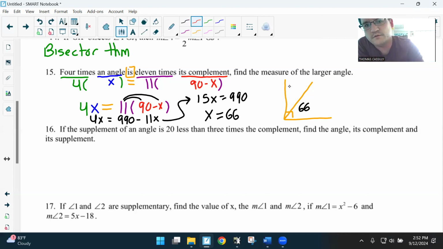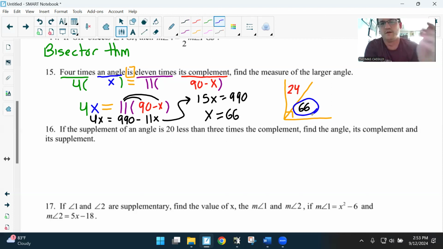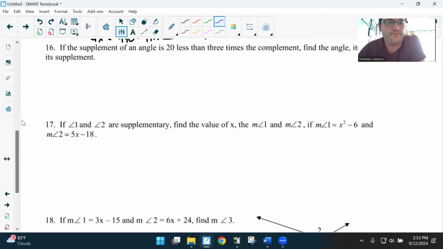Right, so this is 22. No, how about 24? I'm going too fast here. This is a 24-degree angle. They want to find the measure of the larger angle. Well, obviously 66 is bigger than 24. All right, that was rough.